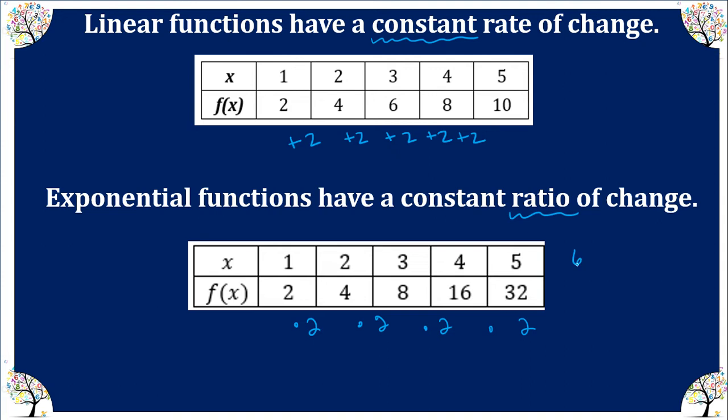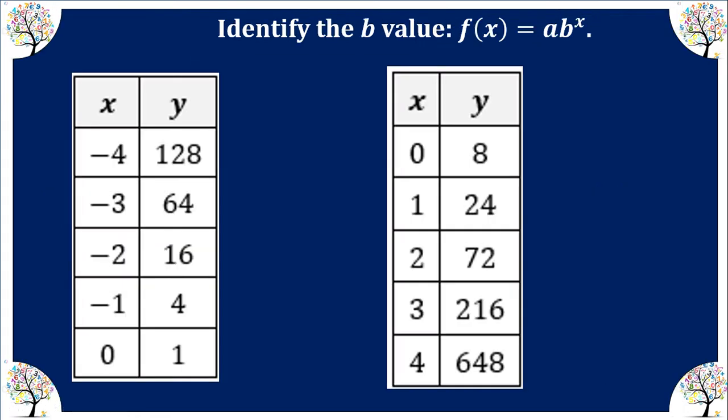And we could get a sixth point and multiply 32 times 2 to get 64. So our output values are changing rapidly compared to a linear function. Exponential functions increase or decrease at a rapid pace because you are multiplying to get from term to term.